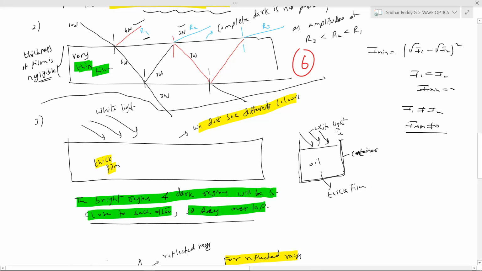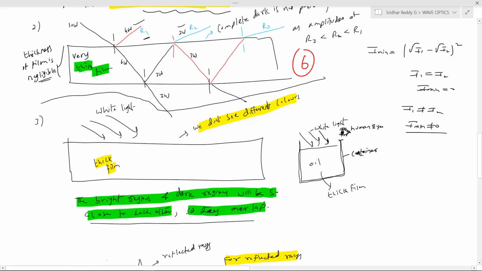Then this is the eye, like a human eye. Do I see any interference here, or do I see any colors on the screen? The answer is no. Any reason for that?